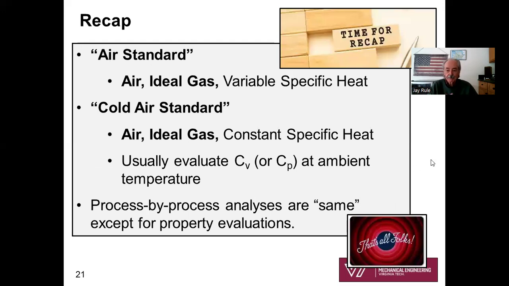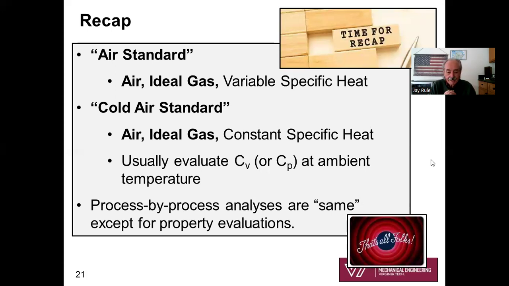So what's our recap of this intro? Air standard means air is the substance, modeled as an ideal gas with variable specific heat. And so translation, use table A22. Cold air standard model: air, ideal gas, but constant specific heat. C sub P and or C sub V are just a constant number, and you will go to table A20 to determine what that constant number is.